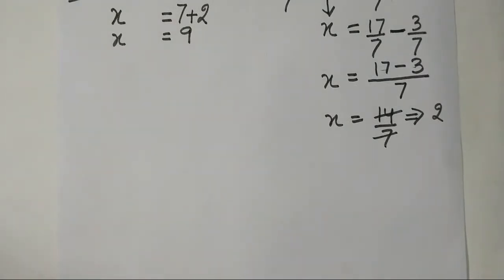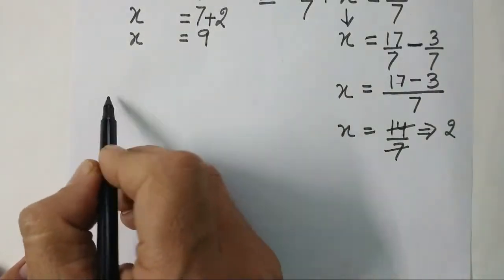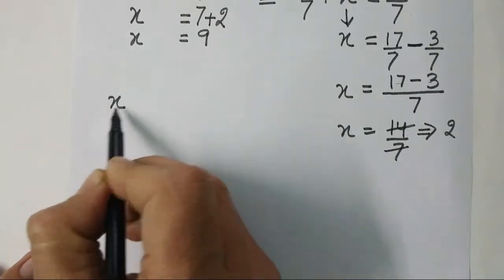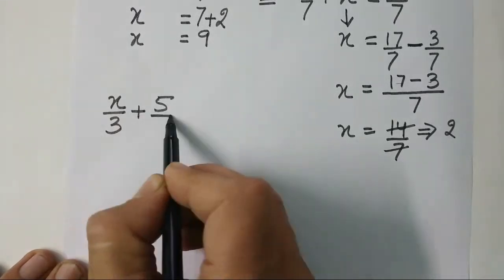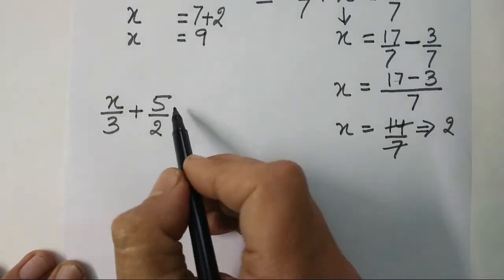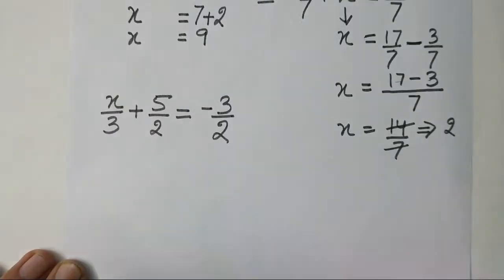If you see, 2.1 has a few questions and 2.2 has some questions. They are in fraction form. Like this: x upon 3 plus 5 upon 2 is equal to minus 3 upon 2.